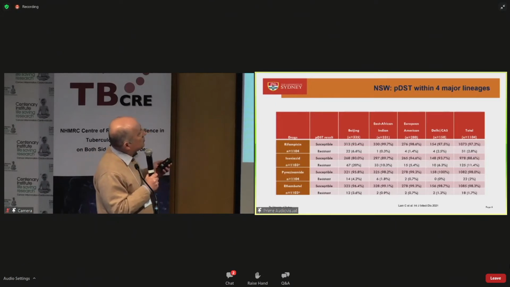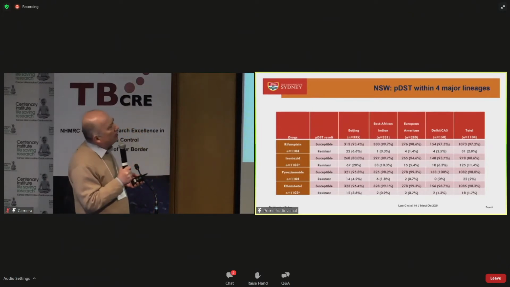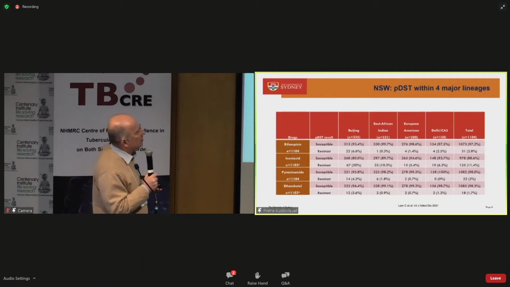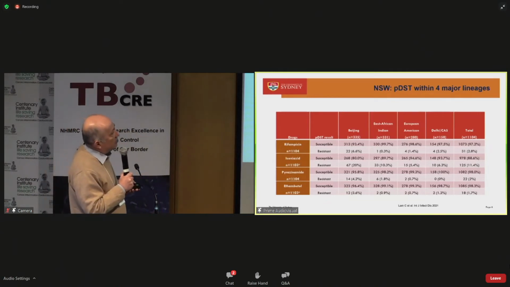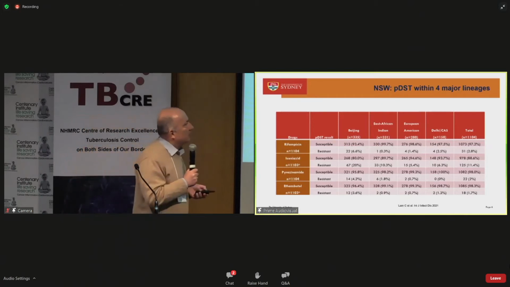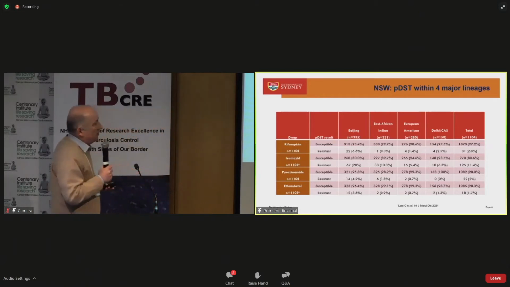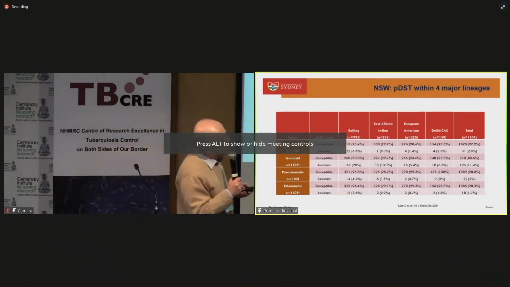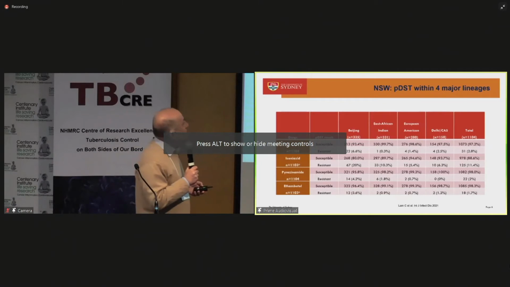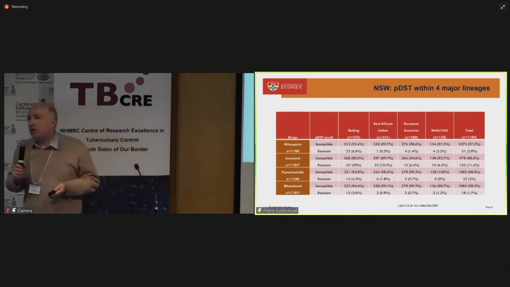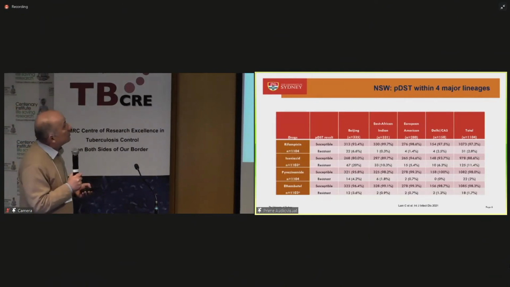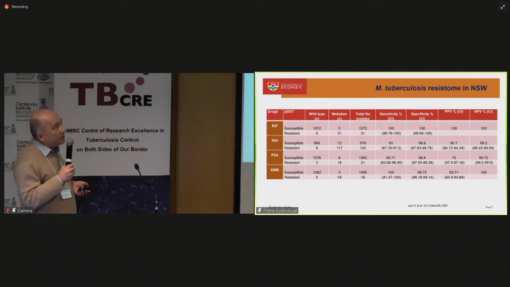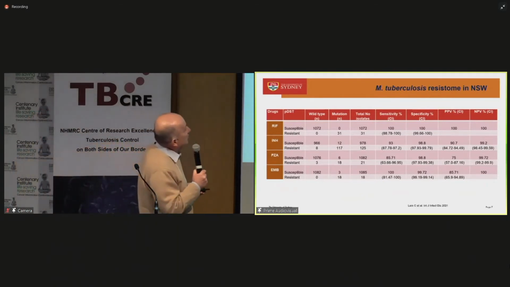Rifampicin resistance was much more commonly present in the Beijing lineage, 6.6%, in contrast to a lot less common percentage in other lineages. And isoniazid resistance was present in 20% of Beijing isolates, for example, while it was detected in 11% of isolates in total. And this is another interesting and important trend, that we see more and more isoniazid monoresistance, which is very relevant.